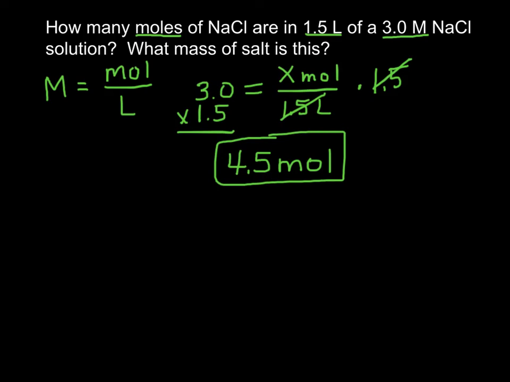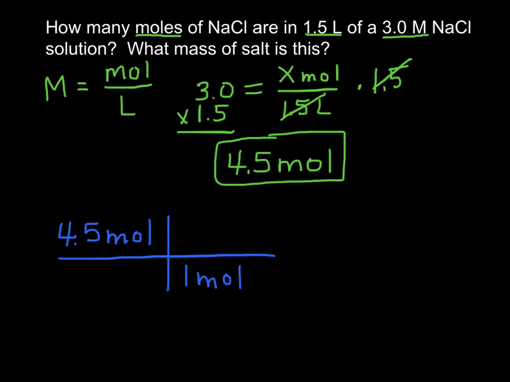For the second question, we're being asked, what mass of salt is this? So now we need to take our moles and convert to grams. Moles need to cancel, so that goes on the bottom. This is NaCl, so we look up 1 sodium plus 1 chlorine, and you get 58.44 grams.